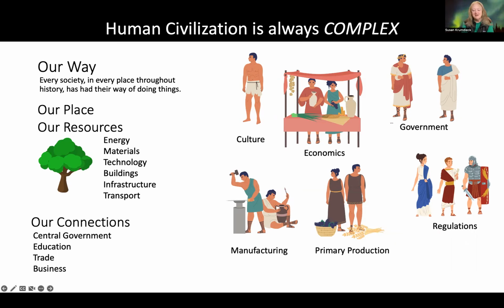There's nothing primitive or simple about the way humans organize themselves. People always have their way. Every society in every place throughout history has had their way of doing things. It's just in the DNA of humanity.